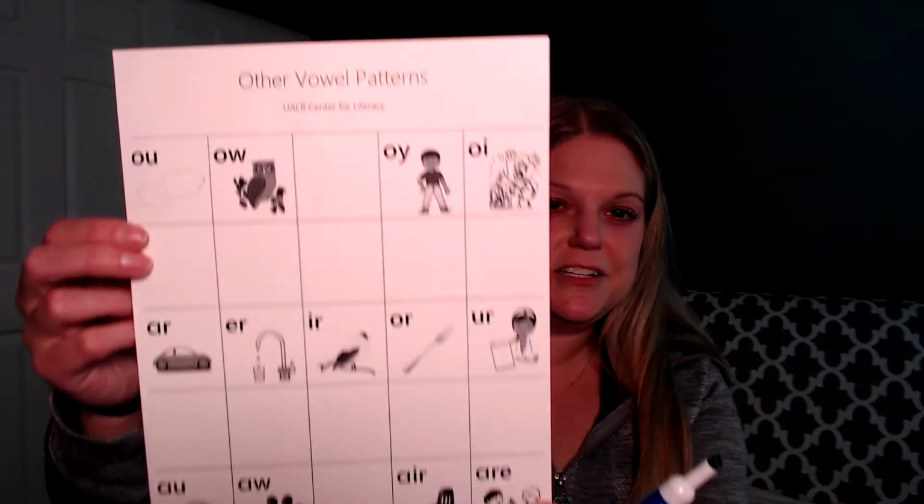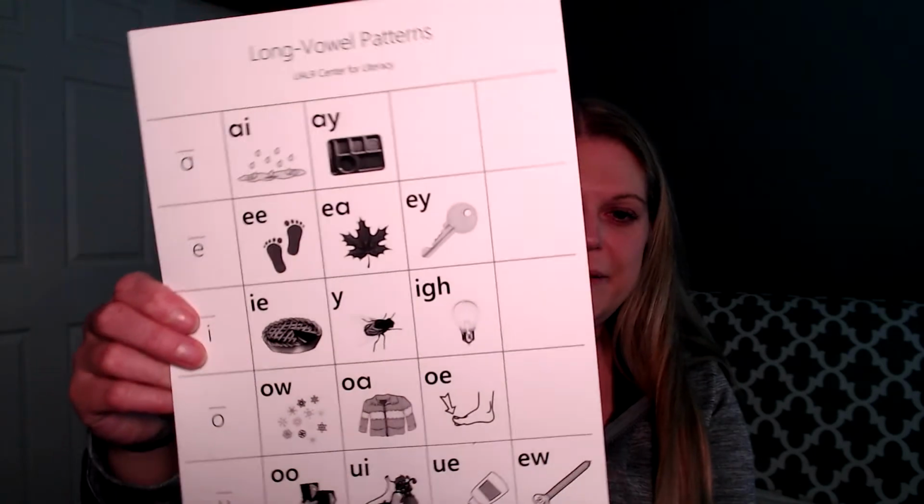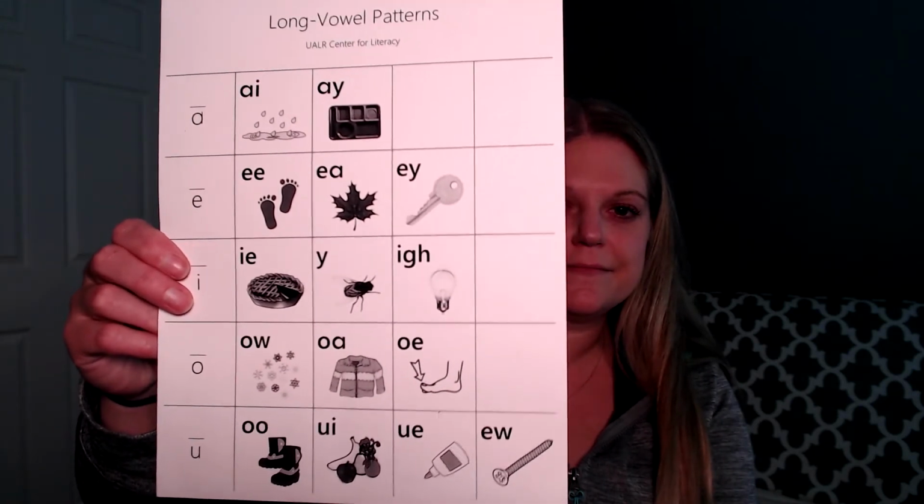Go ahead and keep your whiteboard and eraser and marker out. We're going to look for parts or chunks that we know in words. Some of the parts and chunks we know are other vowel patterns, and some are the long vowel patterns. Okay, so we're going to think about those. First word I'm going to write and then I'll show you.